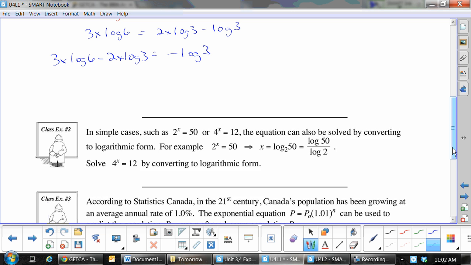Now, if they were both the same base, I just want to make sure, are you with me here? If this was to the 3x, don't do this, guys, I can move this up, right? I could do that. Now I could actually divide those two if I wanted, because they have the same base.